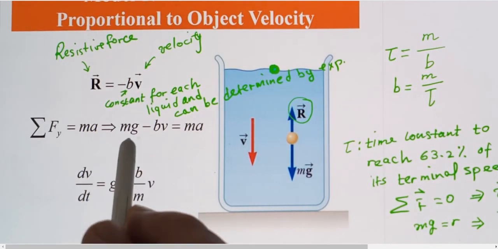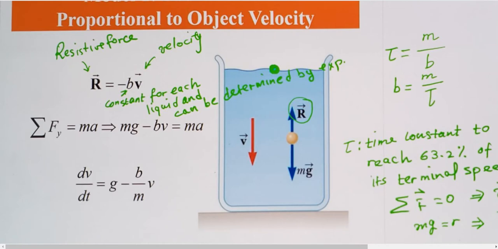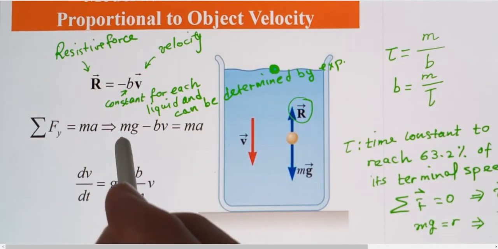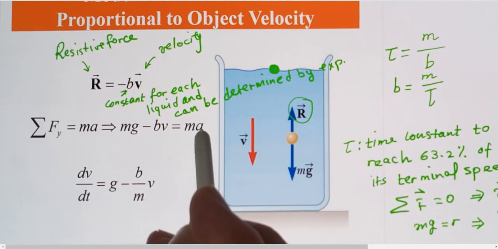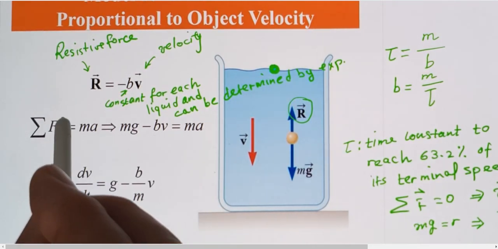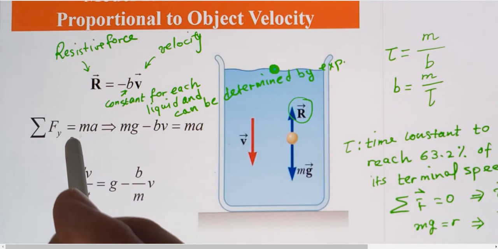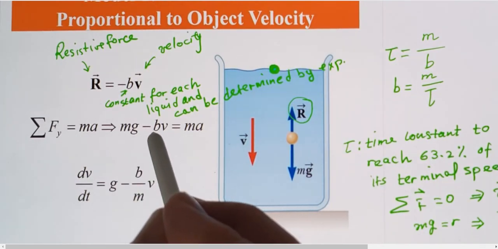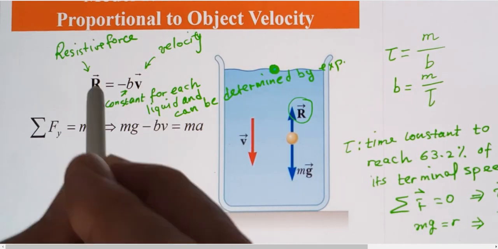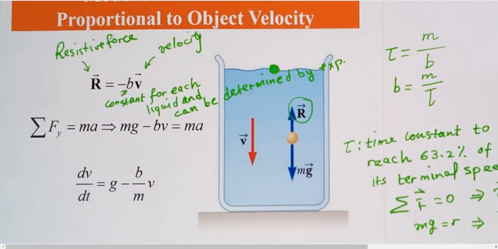So let's come back here. So mg minus R is equal to ma. Summation of forces is equal to ma. That's the second law of Newton. And minus bv is our resistive force.